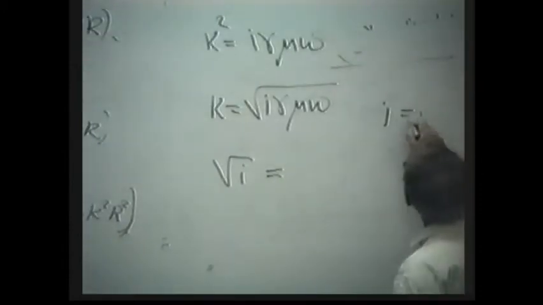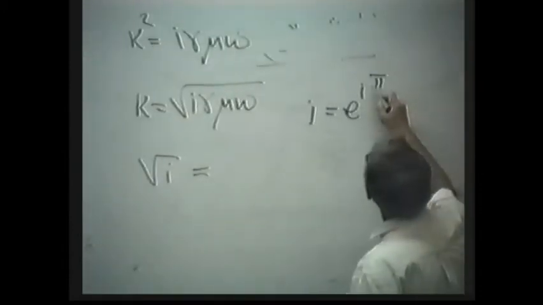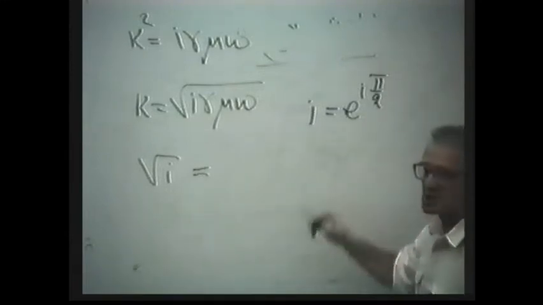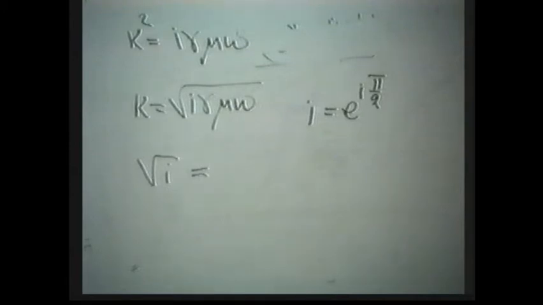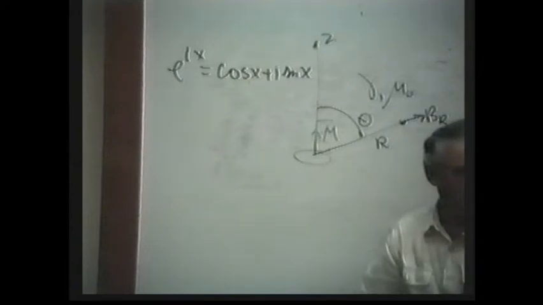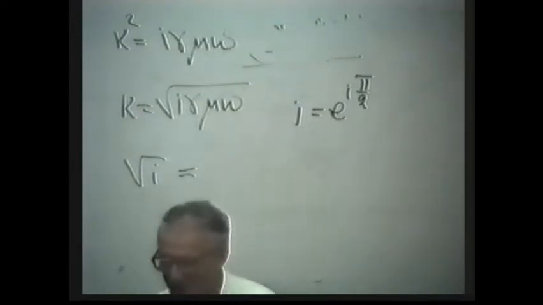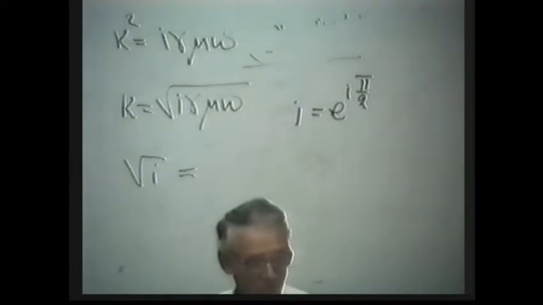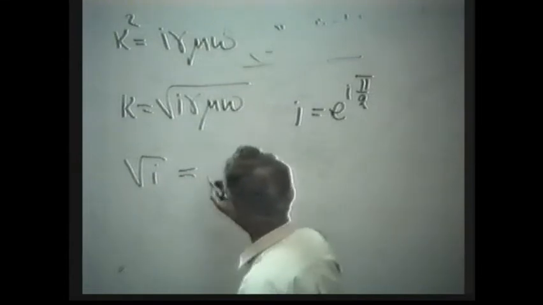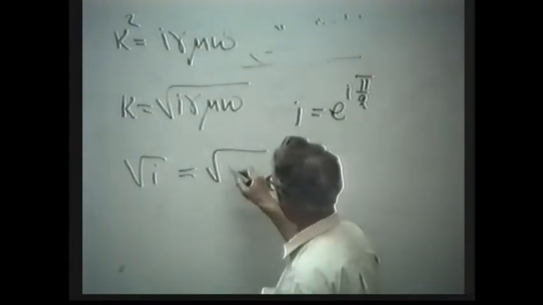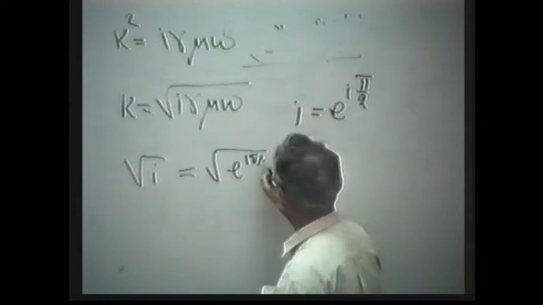I can be presented as e to the i pi over 2. Please check me. Sine pi over 2 is 1, cosine pi over 2 is 0. So it's already not too bad. So we are in the right direction.